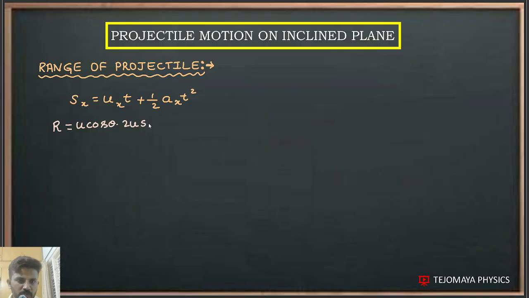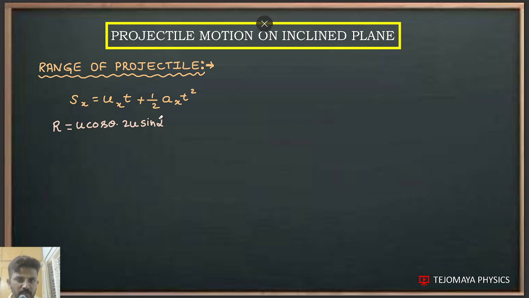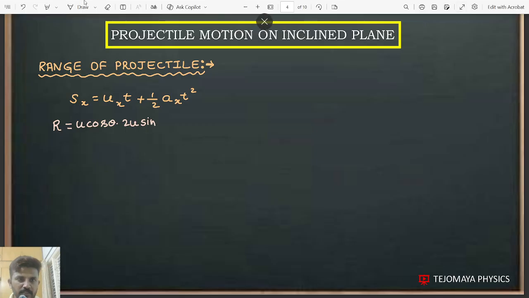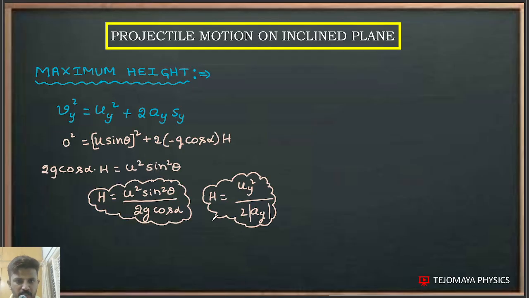2u sin theta, sorry, it is theta only, not alpha. I need to go back every time to erase this. Divided by g cos alpha. Hope I have written the same thing previously.